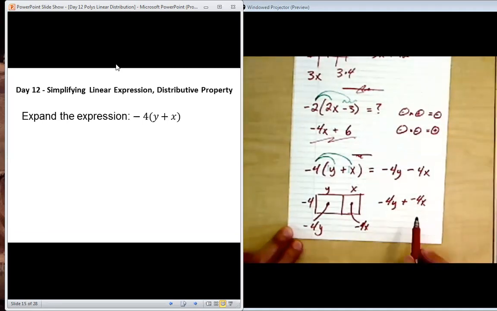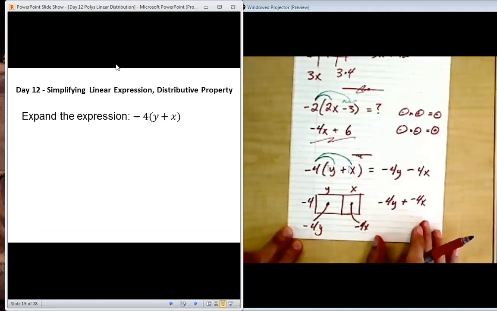Now, can we combine them? No, because we have a y and the x, so keep them separate. You have -4 cats and -4 dogs. They stay as separate things. You don't get a dog cat or a cat dog.